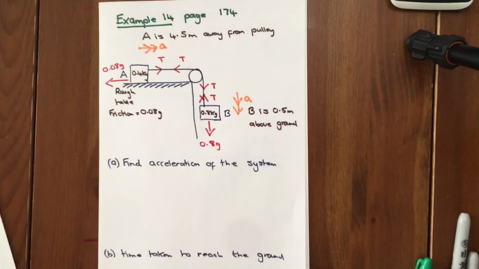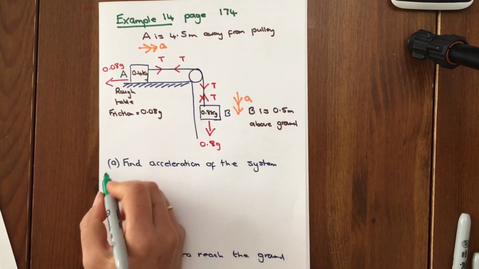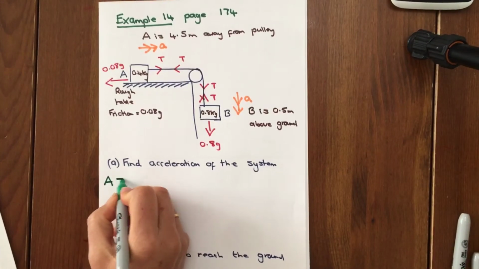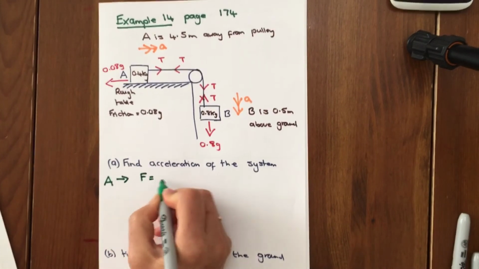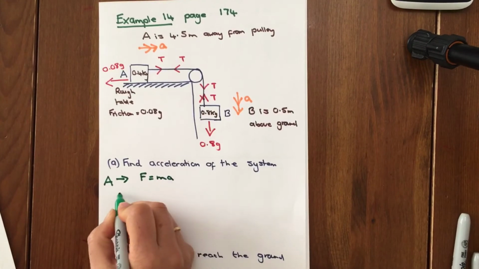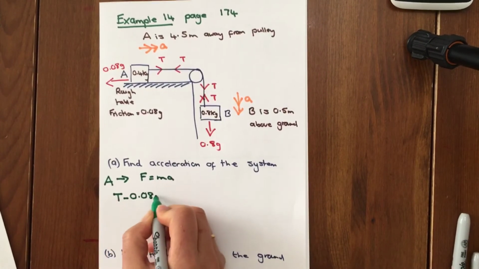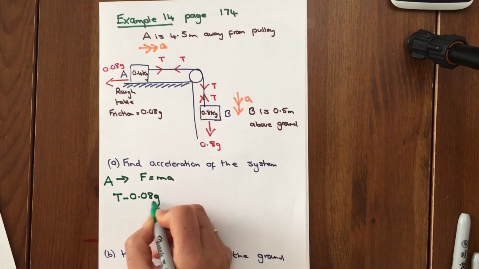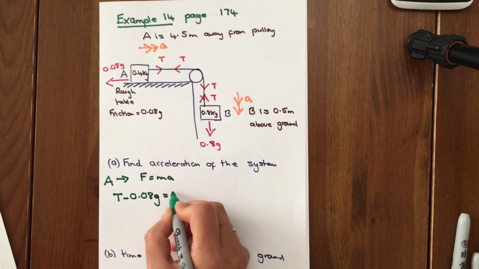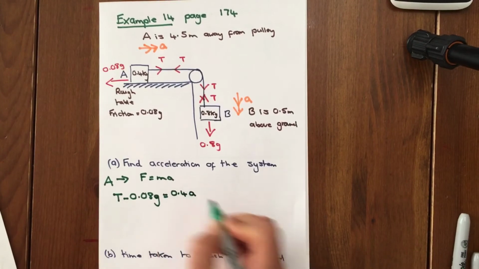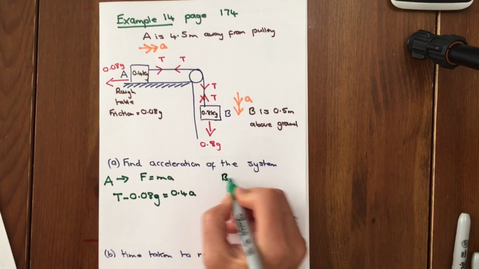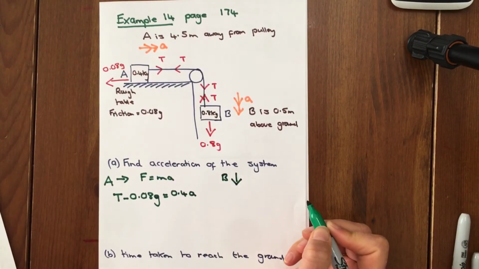Right, so we're going to do F equals ma. So we're going to resolve at A horizontally. F equals ma. So I've got my tension minus my friction, that's 0.08 g, equals my mass times my acceleration. I'm going to resolve at B going vertically down.